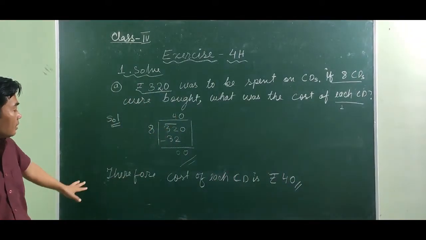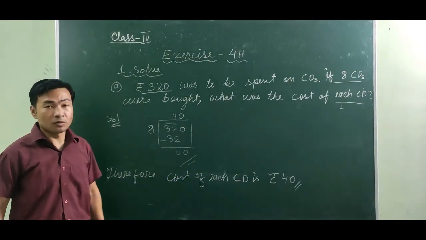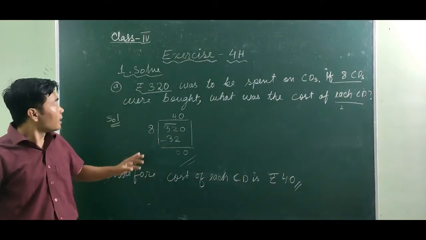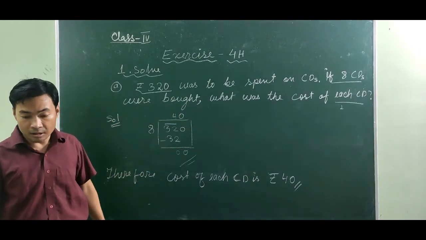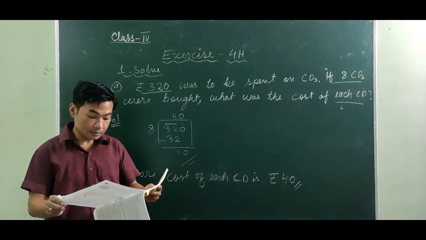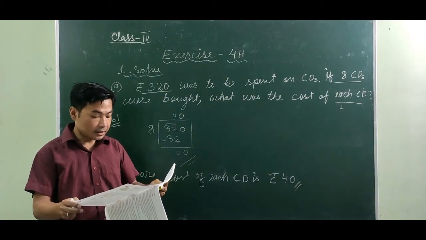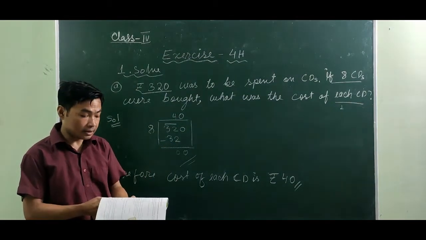So it is very easy. Therefore, the cost of each CD is rupees 40. So 1 CD costs rupees 40, and the 8 CDs cost rupees 320. Now, if you turn to the next page, A, B, C, D, very easy, all similar, same like this you practice.